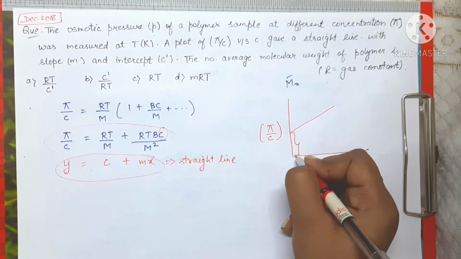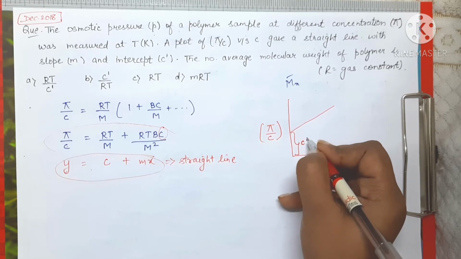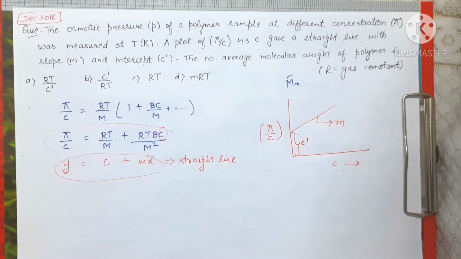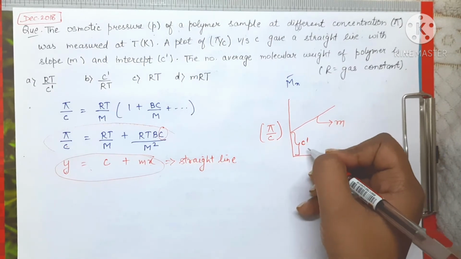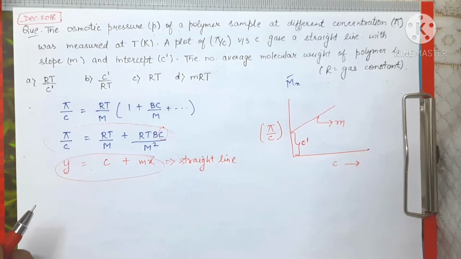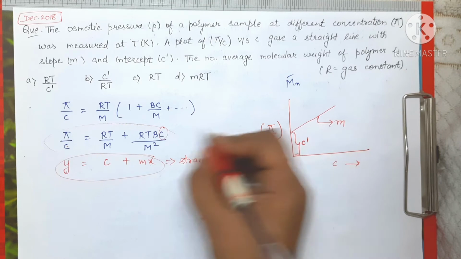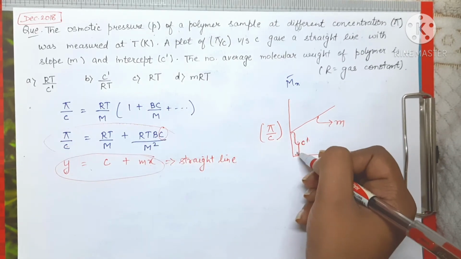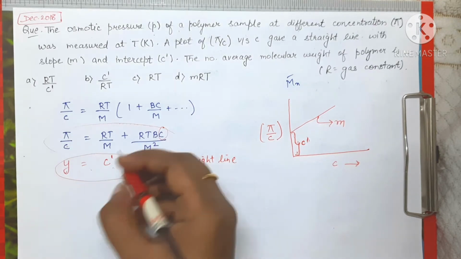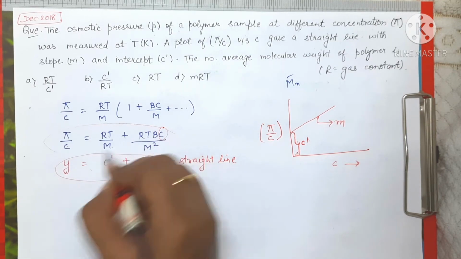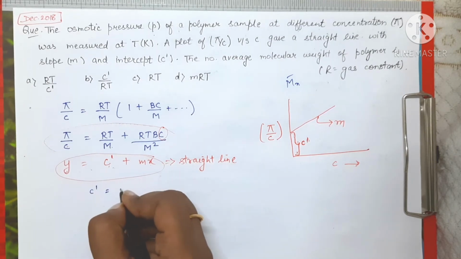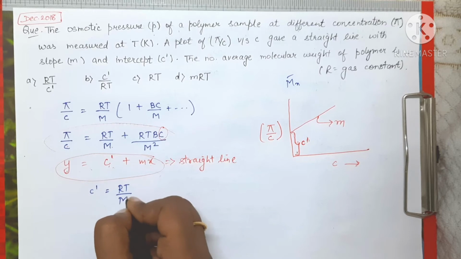This intercept will represent c dash and the slope will be small m. Suppose the intercept is c dash and the slope is small m for this equation. So c dash is RT upon M here. On equating, what we get is that the value of c dash equals RT by M.